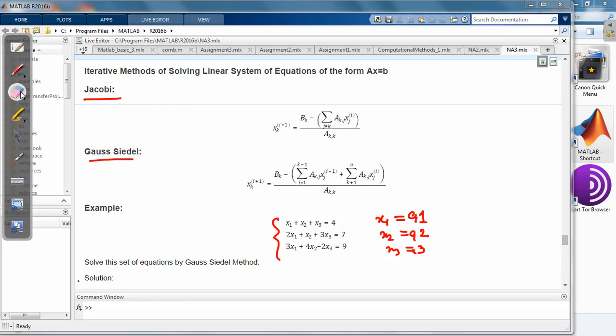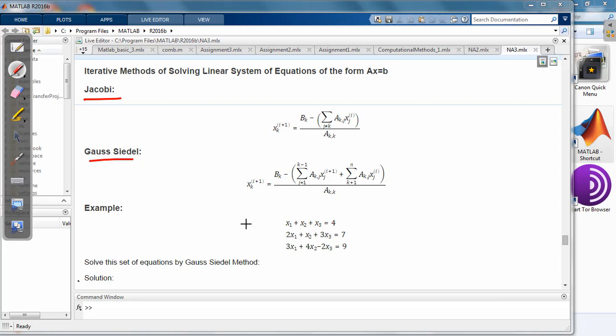That is why the order of the equations is very important, because you are finding the variables from that order of equations, and that is why one technique is important, that is diagonal dominance. So the first step is the ordering of the equations.